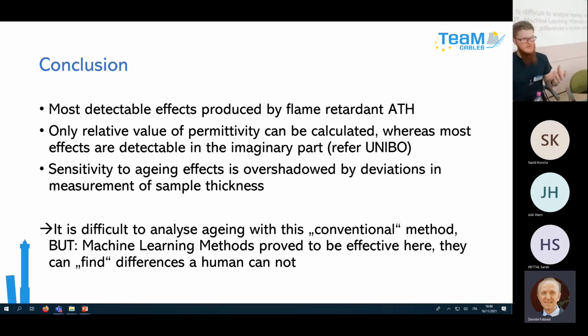Humans are able to find patterns, yes, but if we are talking about really small changes in signals, if we're talking about power to the -8, it's very difficult for a human to find these errors, but the machine learning can do that, and Christopher will show you that tomorrow in his presentation.